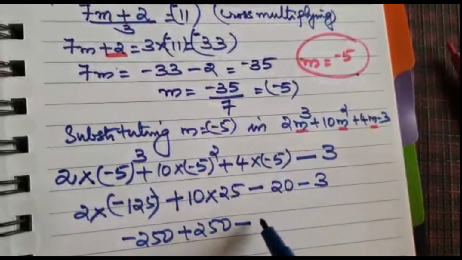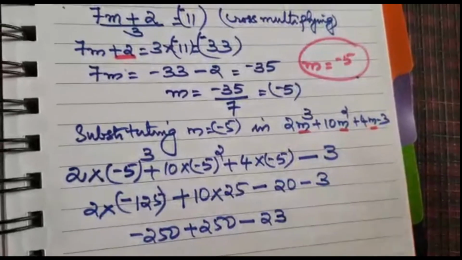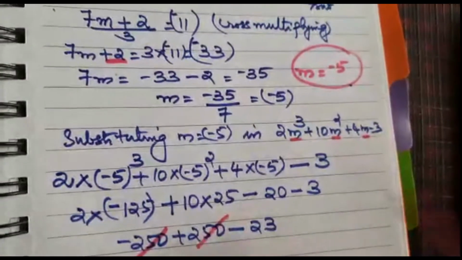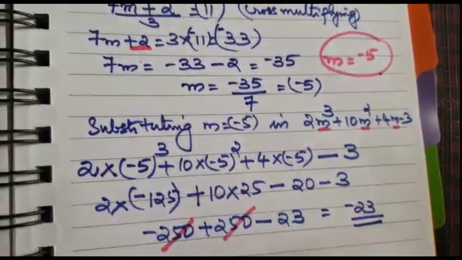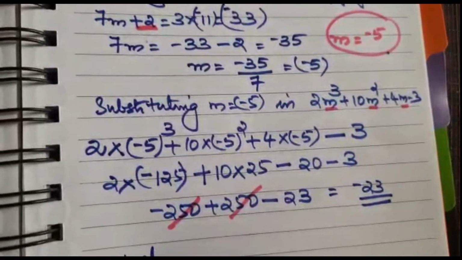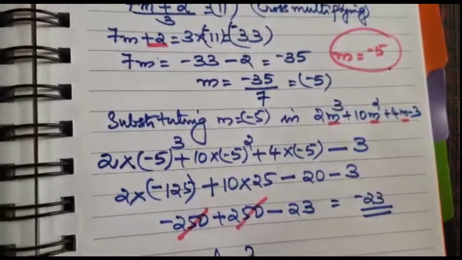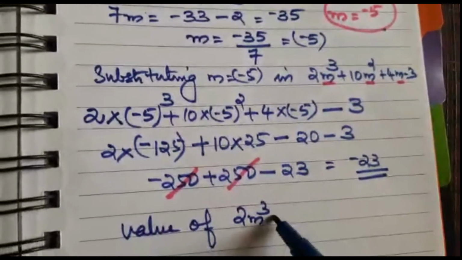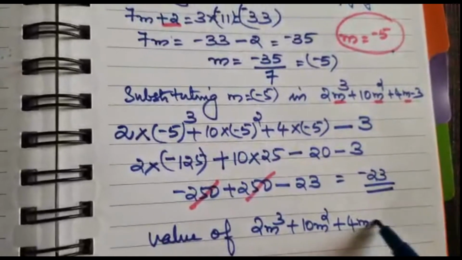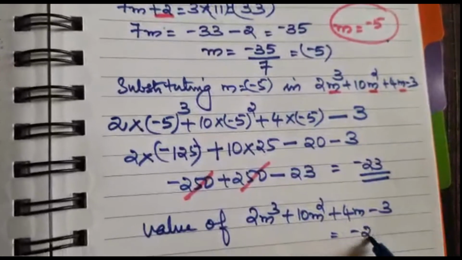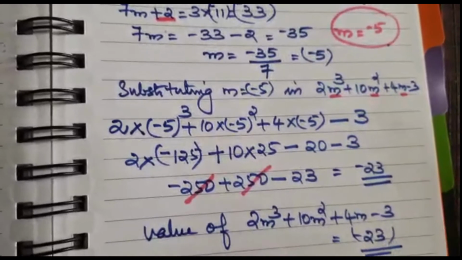Minus 20 minus 3 is minus 23. So these two get cancelled because one is positive and other negative. So the answer is minus 23. So the value of 2m³ + 10m² + 4m − 3 is equal to minus 23. Okay.